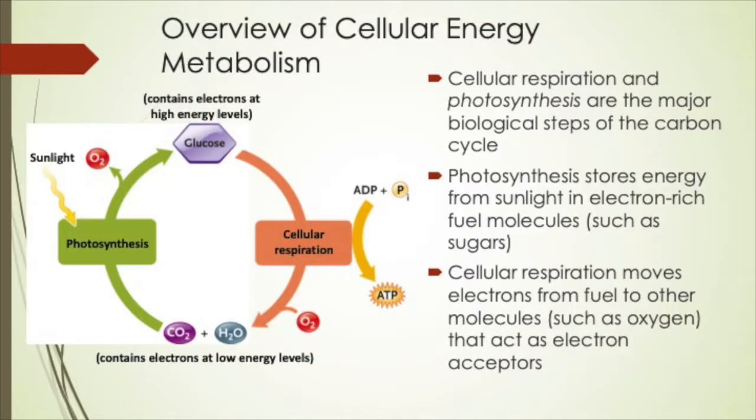So the overview of cellular energy and metabolism: cellular respiration does this by breaking down glucose or any type of glucose-type molecule. They contain electrons at a high energy level because they have those carbon and hydrogen molecules bound together.